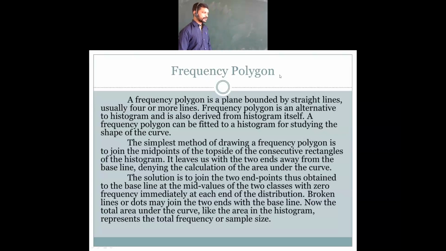See, a frequency polygon is a plane bounded by straight lines. Obviously, as I told you, we are going to build the same as a histogram, and we are going to draw straight lines where the frequencies are pointed out. Usually four or more lines are there. A frequency polygon is an alternative to the histogram and is derived from the histogram itself.